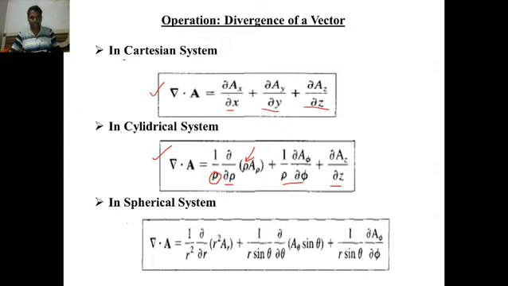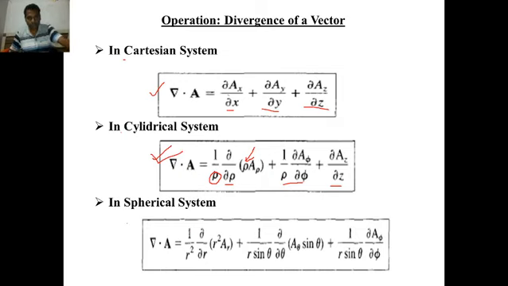So these two get cancelled. Although you should not cancel it during the calculation, in order to memorize this formula you can use this trick: apart from differential lengths, this r is added additionally on the denominator side and on the numerator side. This way you can memorize this particular formula.